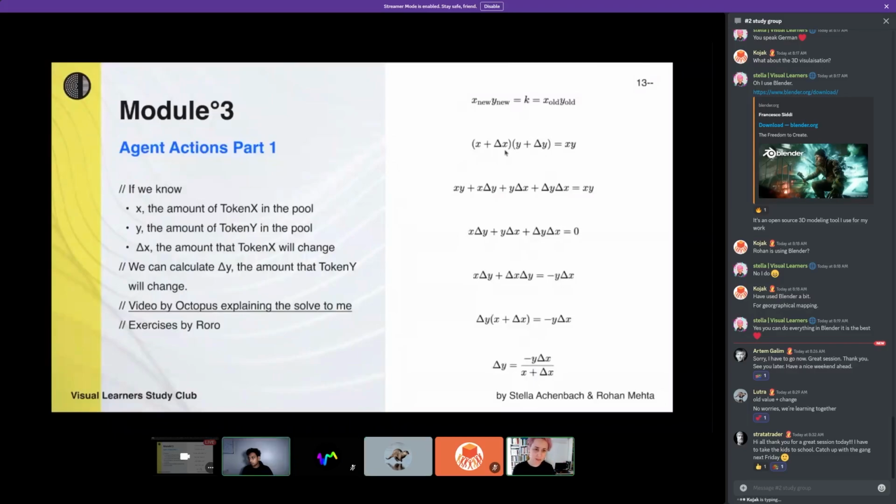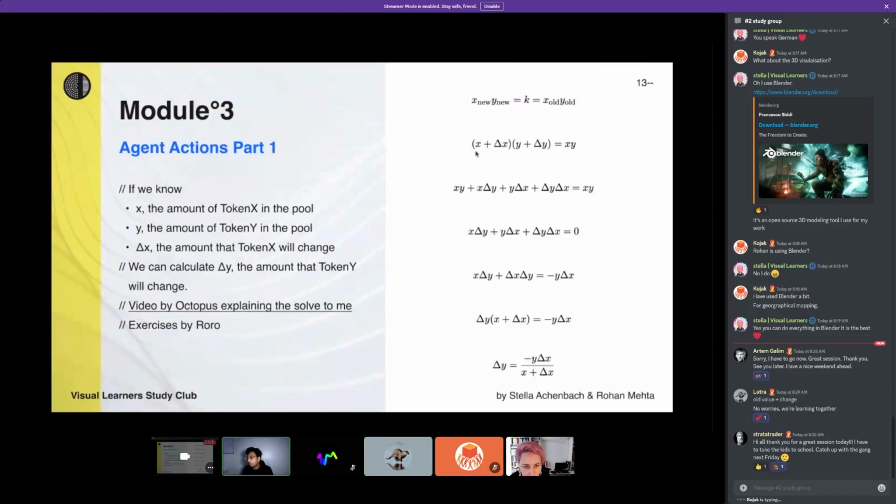Then you multiply that by token Y, the amount of token Y and the change that happens to token Y, because if token X changes, token Y changes because the product is a constant. That is being reflected in X times Y because X times Y is the constant. So we could also write K here. It wouldn't need to say X, Y, exactly.